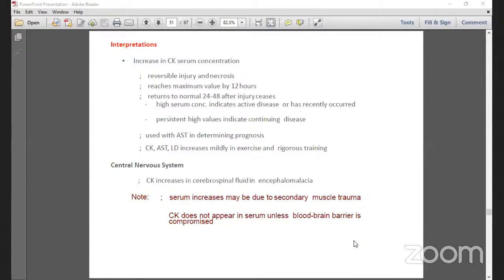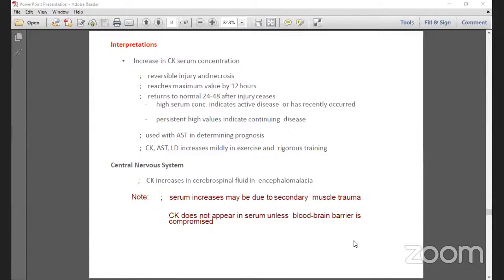CK, AST, and lactate dehydrogenase increase mildly with exercise and regular training. Even in exercising animals like the horse, after training we might see a slight, mild or moderate increase of creatine kinase. As I said in the beginning, creatine kinase is a very sensitive muscle enzyme compared to the others.